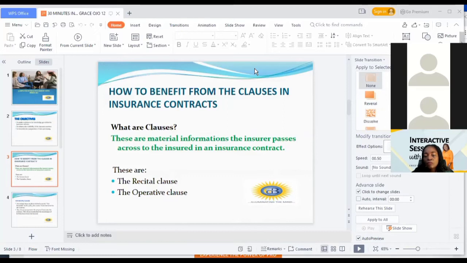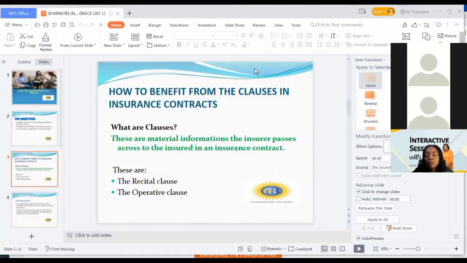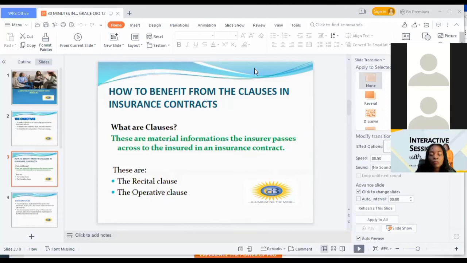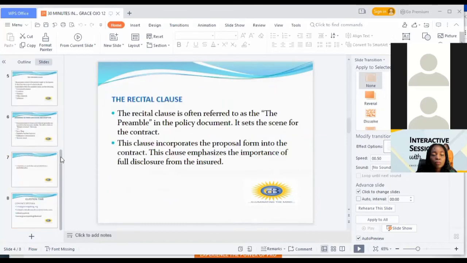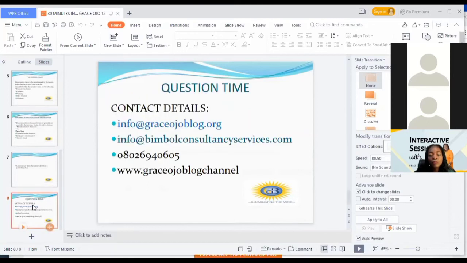Now, when it comes to making claims, that's when they begin to bring all those clauses out, saying you didn't read clause so and so. And some insurance companies write so many clauses in the policy document that you may not be able to read everything at the time you are buying the insurance policy. Yes, I understand that it is the duty of an insured to make sure that you read all the clauses in the policy document.